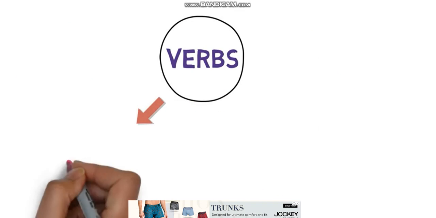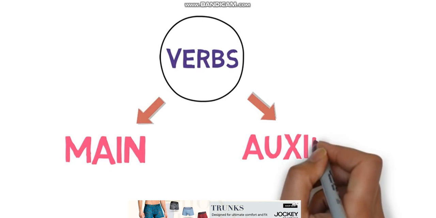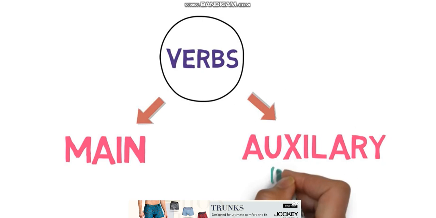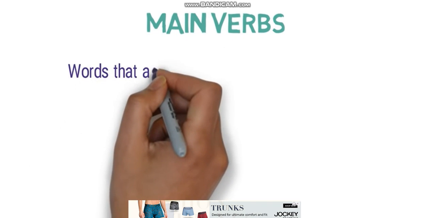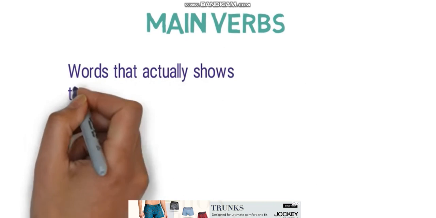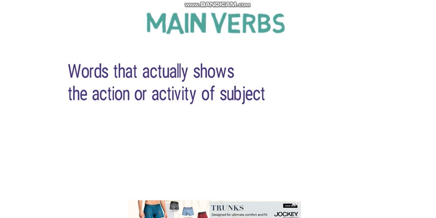Now, verbs are mainly divided into two parts: main verbs and auxiliary verbs or helping verbs. So, what are main verbs? Main verbs are the words that actually show the action or activity of the subject.